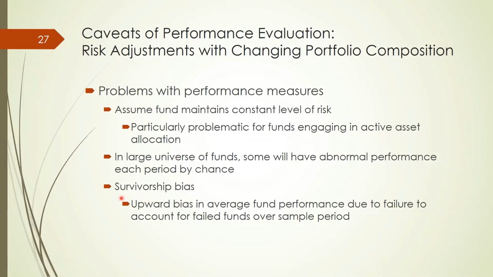Lastly, because we have survivorship bias, there will be an upward bias in average fund performance because we do not account for failed funds over the sample periods. So those are things we want to keep in mind when evaluating portfolio performance.